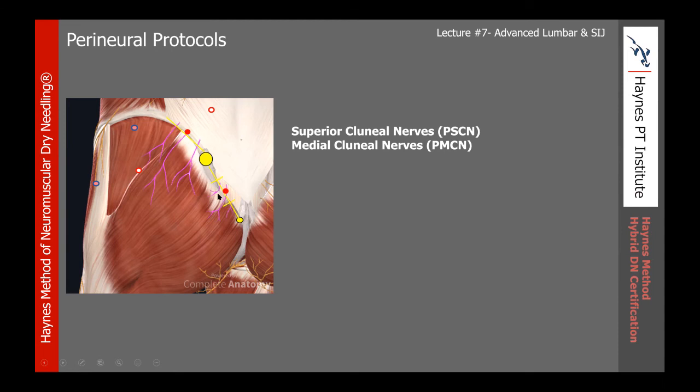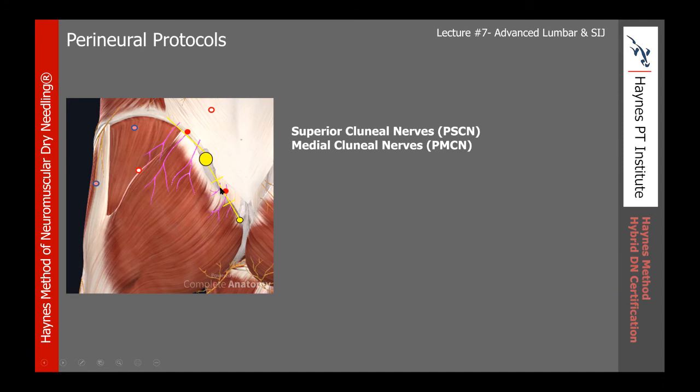The medial cluneal nerves will come out from underneath this thoracolumbar fascia below the PSIS, and so we may drop down again, sacral horn, PSIS, cut that in thirds, and we can needle into that area as well.